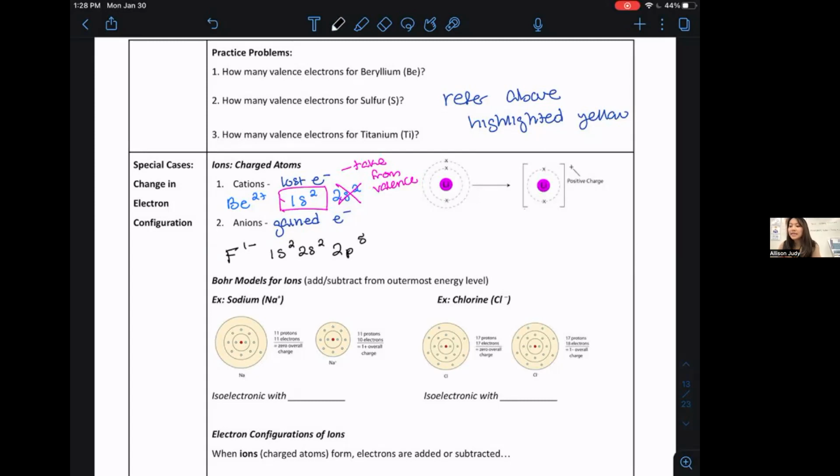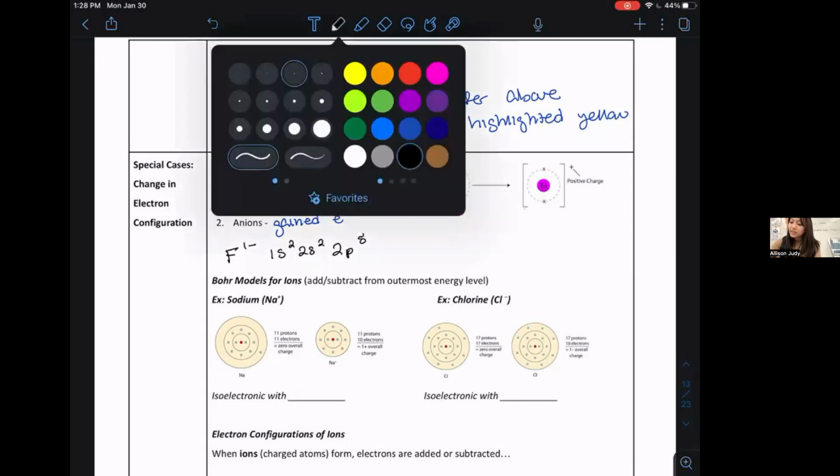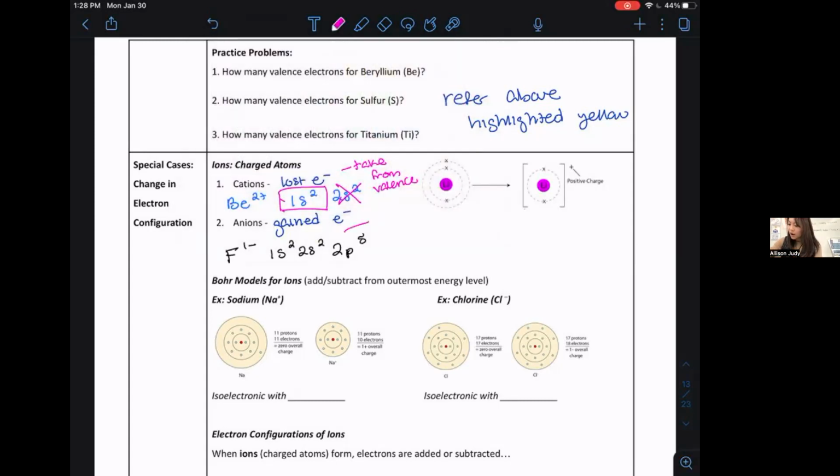So what happens is I originally have 7 valence electrons. I add an electron to my valence shell. So what I do is I say, hold up. I am going to now add 1 to this number. So +1 equaling 2p6. So now what I have is 1s2, 2s2, 2p6 is my actual ion configuration.